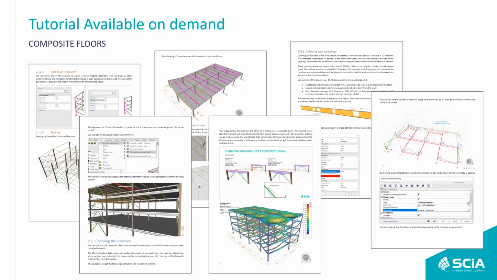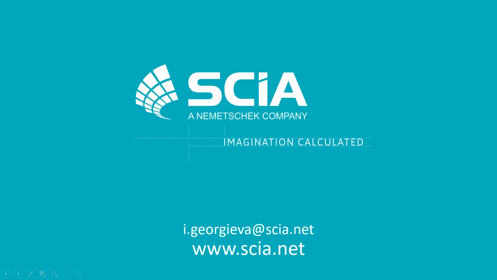If you are interested, you can contact me, or you can contact support, and you can obtain this tutorial. So this is all the information I have for you today, and I can now start answering questions.